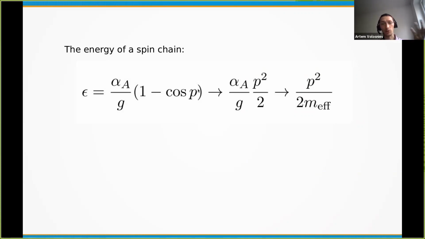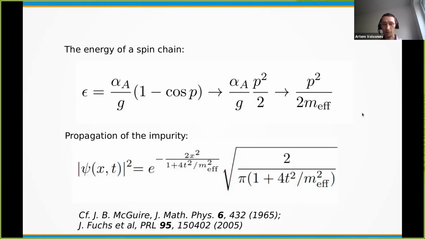When p goes to 0, you could have a very particle-like Hamiltonian. I just expanded cosine p, and then you could introduce some new effective mass such that it looks exactly like a single particle.